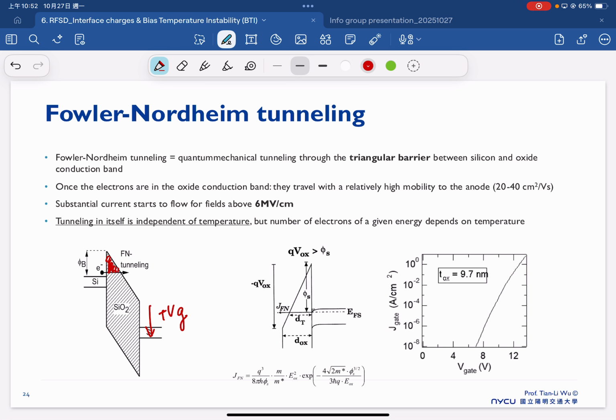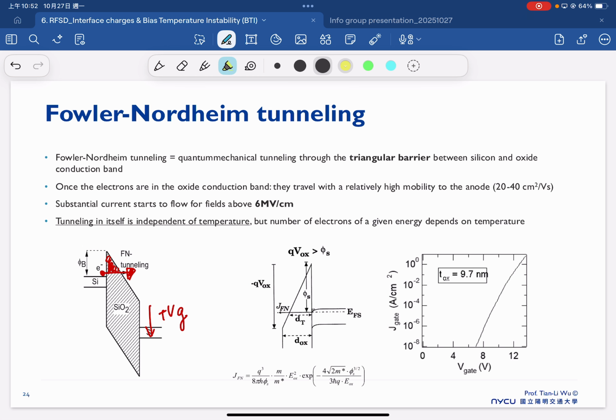Tunneling is always related to the barrier height and the barrier width. Now we see the barrier width is reduced, and because of this, the electron has a higher chance to tunnel from the left to the right. That is what we call the FN tunneling effect.